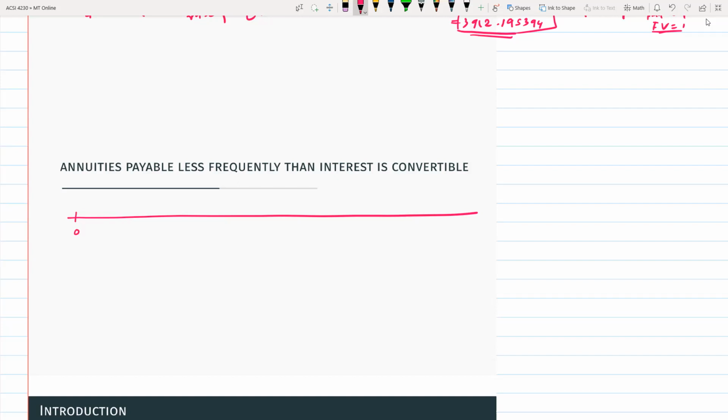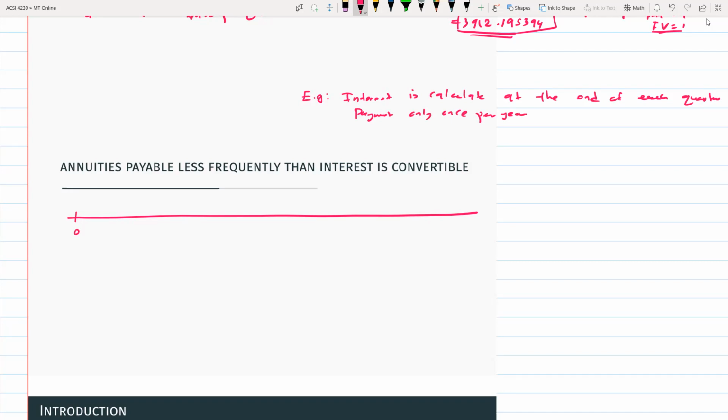Okay, so for example, interest is calculated at the end of each quarter, and the payment is only once per year.